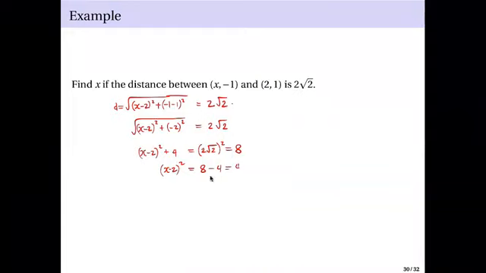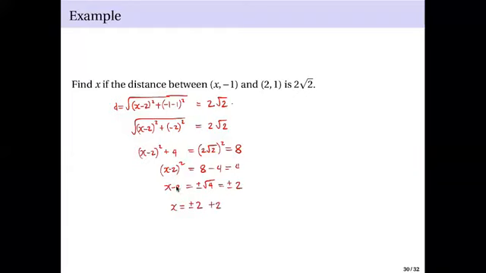Okay? Then now we take the square root. And again, taking the square root, don't forget that plus or minus. So plus or minus square root of 4, and that's just 2. So plus and minus 2. And solving for x, you have x equals plus and minus 2 plus 2.